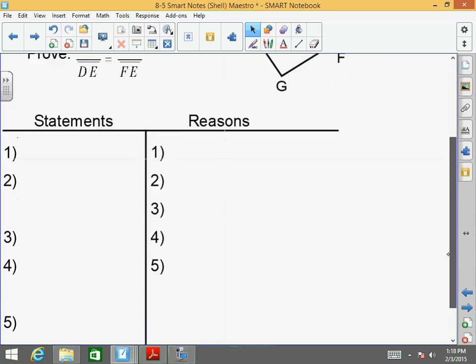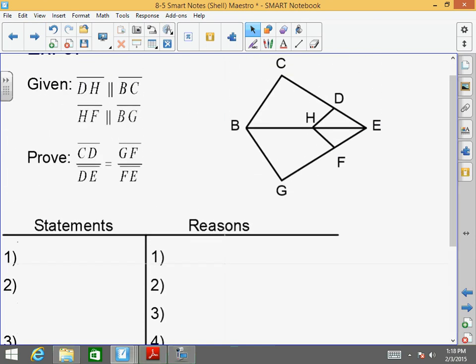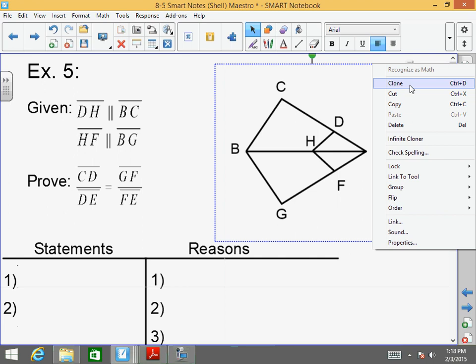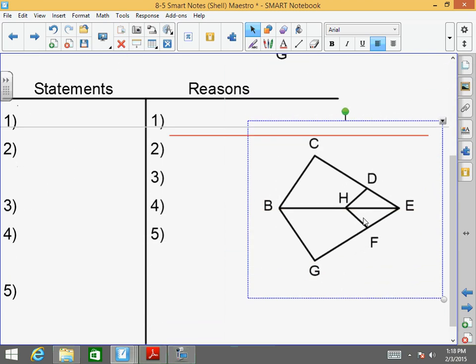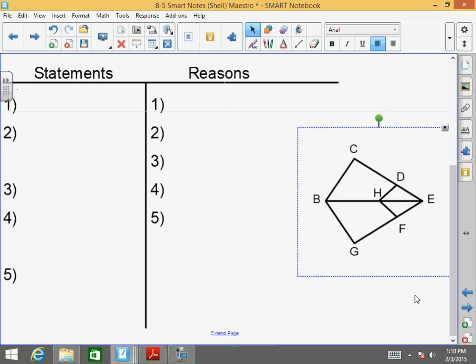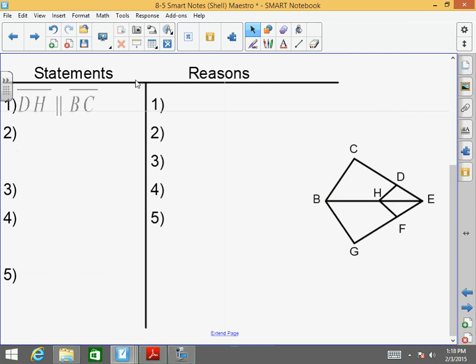So, okay. Oh, what did I do here, though? Let me copy. Sorry about that. Sorry. My bad. All right. So number one, of course, DH is parallel to BC. And that's a given. Again, my drawing's a little off there.